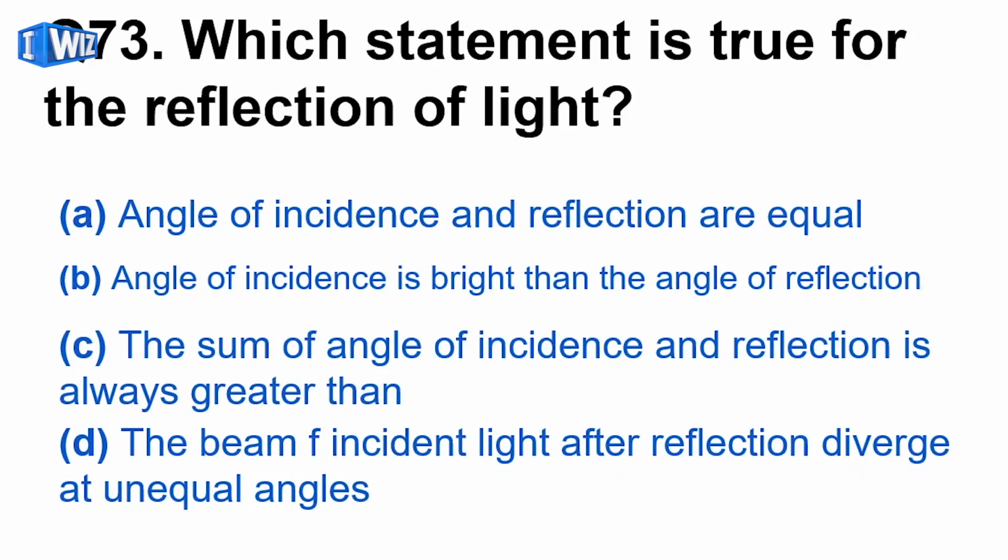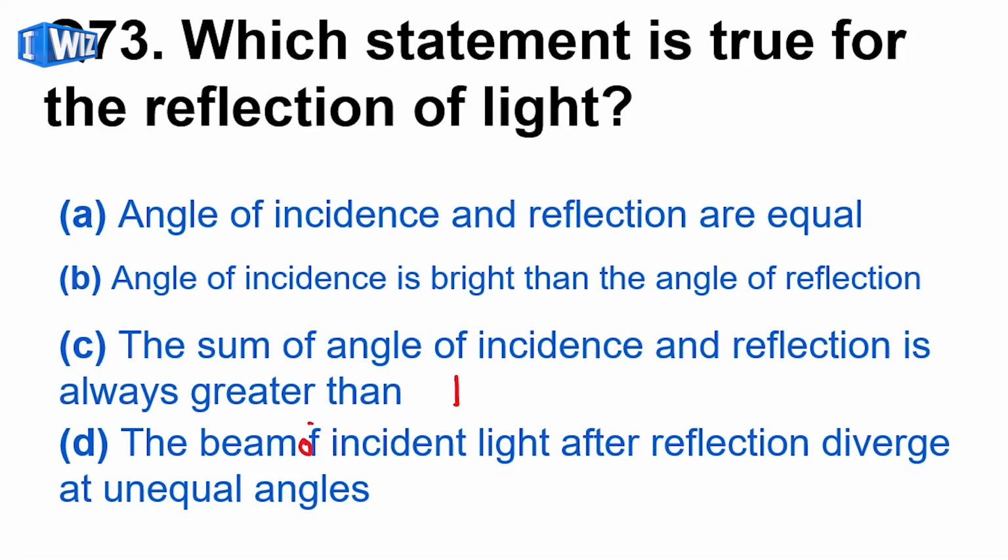Which statement is true for the reflection of light? First, the angle of incidence and reflection are equal. Second, the angle of incidence is greater than the angle of reflection. Third, the sum of the angle of incidence and reflection is always greater than, let's say, 1. Fourth, the beam of incident light after reflection diverges at unequal angles.